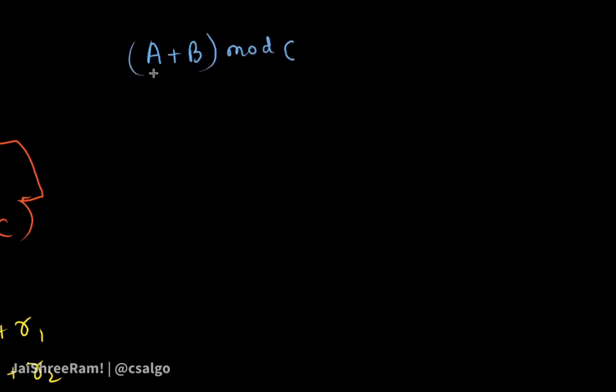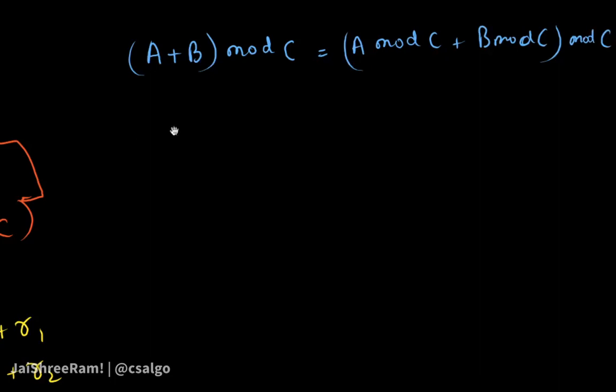This is nothing but finding A plus B and then taking the remainder with C. This is the remainder when you divide A plus B by C, right? Now this can be written as A modulo C plus B modulo C, whole modulo C.